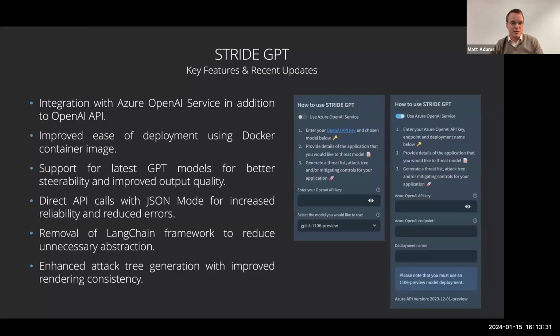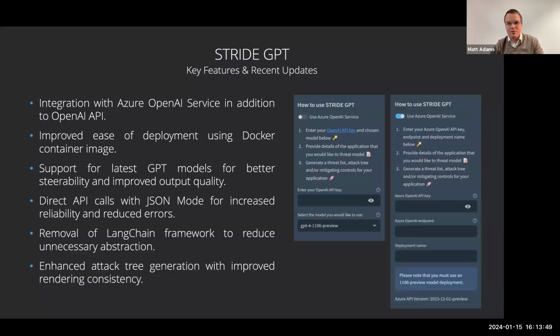When you're using either OpenAI or the Azure API service, it's now a really familiar experience from both aspects, and that makes it as easy as toggling a toggle button in the UI.